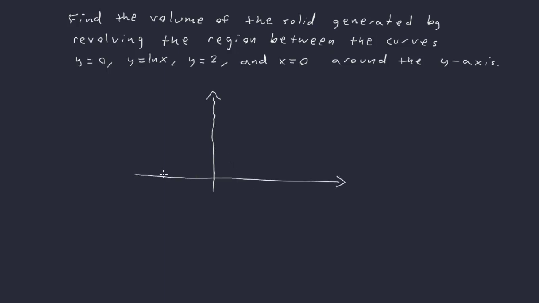Okay, so the line y equals 0 is just this horizontal line here. Okay, then y equals ln x looks like this. It has a vertical asymptote at 0, and then at 1 it crosses the x-axis, so there's y equals ln x.